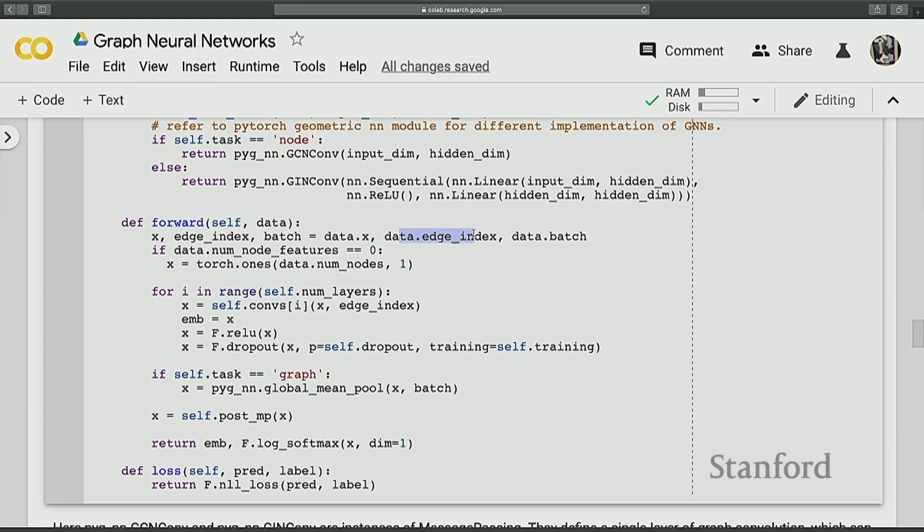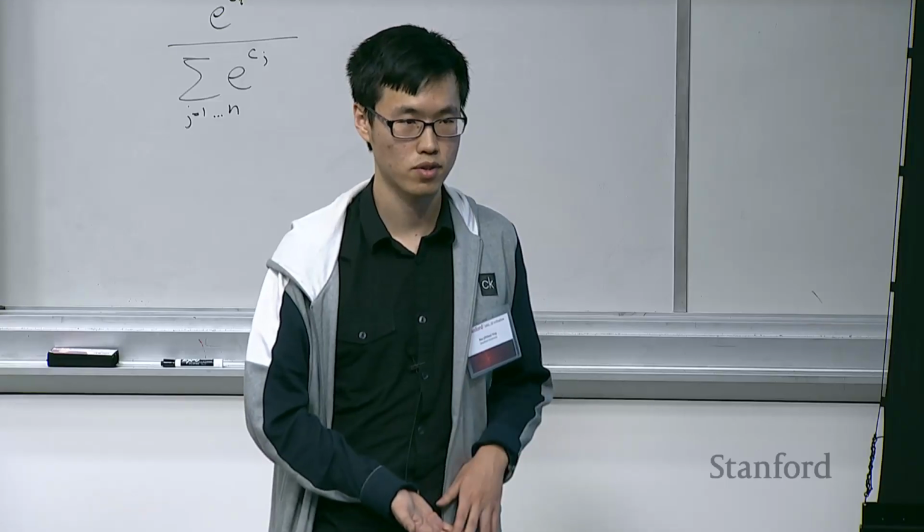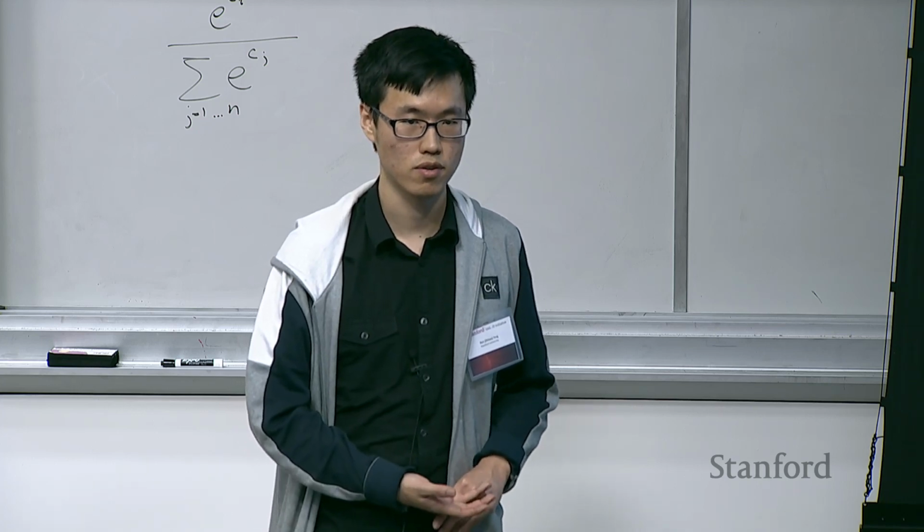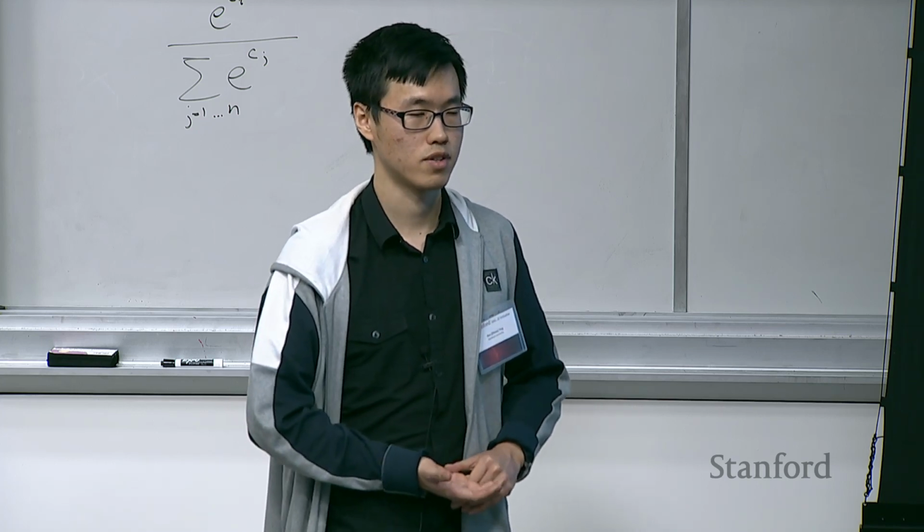So if there's an edge between node 1 and node 2, the first row is 1, 2, right? And 3, 4, 1, 3. So this is an adjacency list of the graph. And here is the batch. The batch is a little bit complicated because instead of batching images, which is regular, having the same number of pixels, now we need to batch graphs. As we all know, graphs have different numbers of nodes.